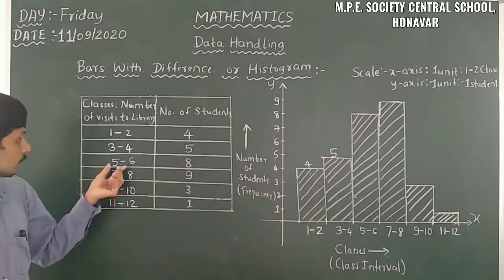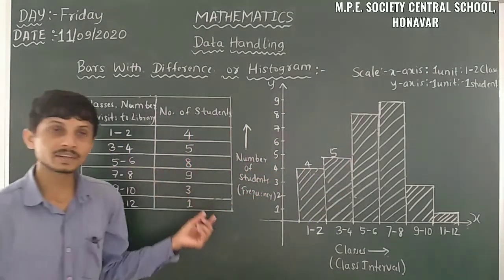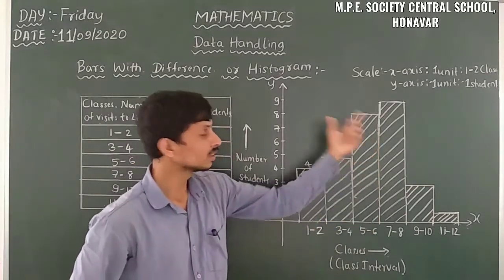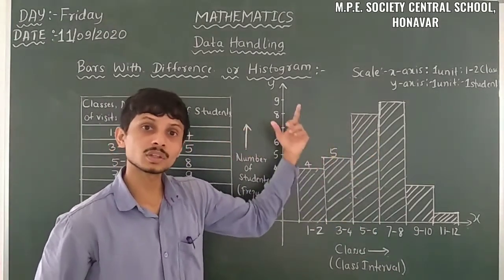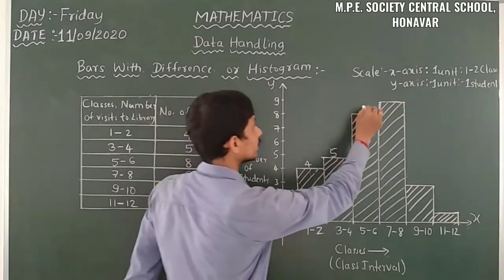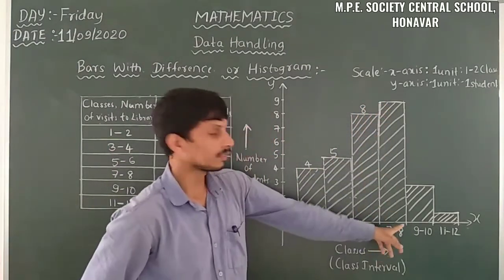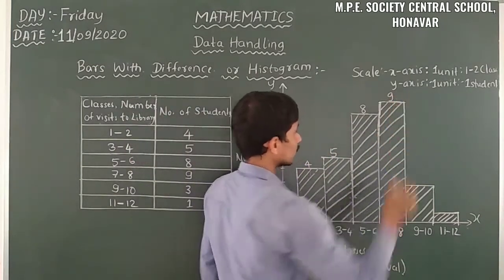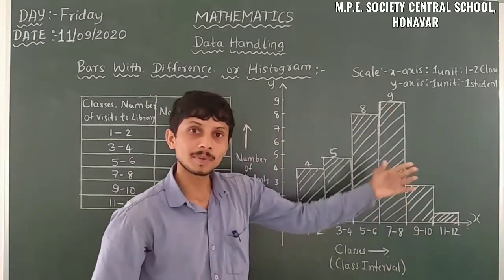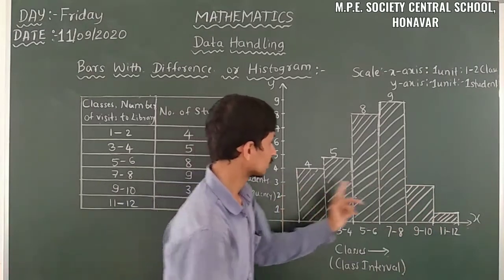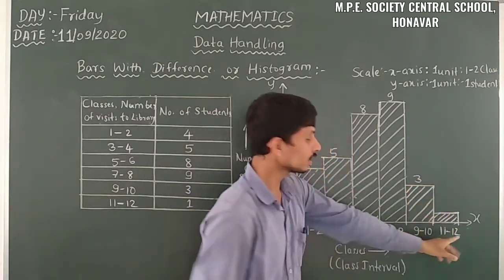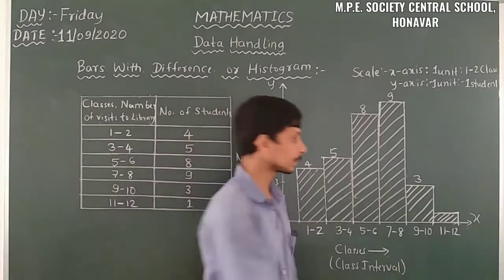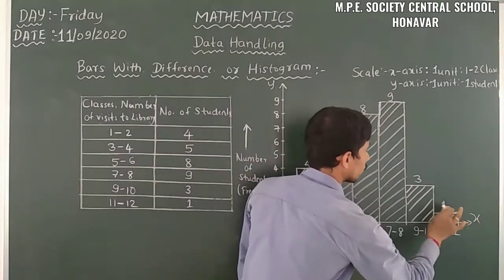Then 5 to 6 shows the number of students as 8. Then 7 to 8, the bar shows a frequency of 9. Then 9 to 10, the bar shows a frequency of 3. Then 11 to 12, the bar shows a frequency of only 1.